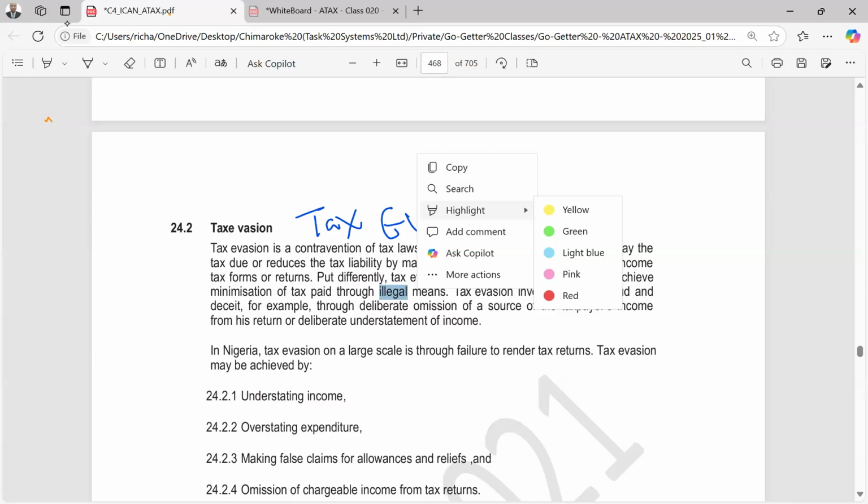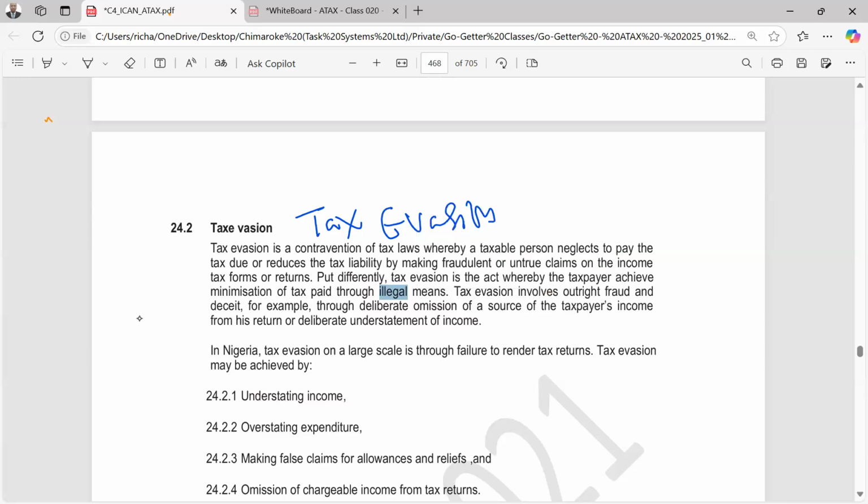Tax evasion, how is it being done? Let's look at examples of how tax evasion can be perpetrated. One of them is by understating your income. How do we do it? Sometimes you may have 2 or 3 bank accounts, but you're only disclosing just one.